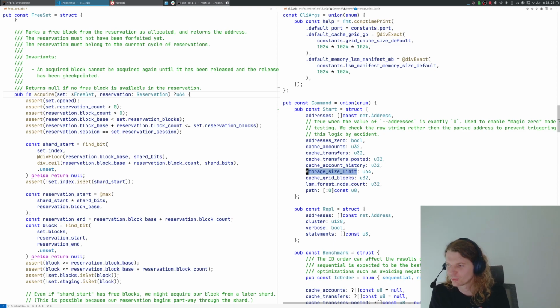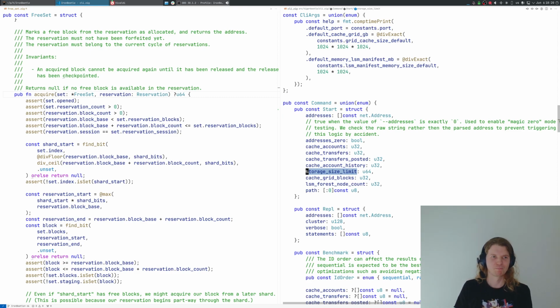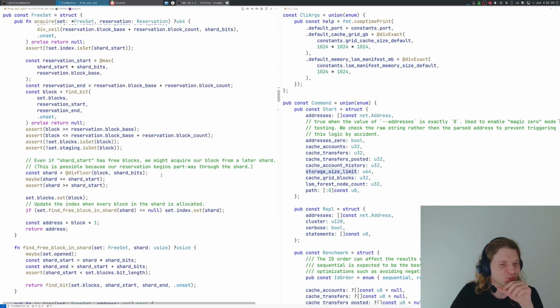Interesting follow-up question. What happens if I start TigerBeetle with a FreeSet size limit that is smaller than the existing physical grid size? Well, I bet that you are going to get an error somewhere. But that's actually okay. This is concerning because I think I wrote this code.